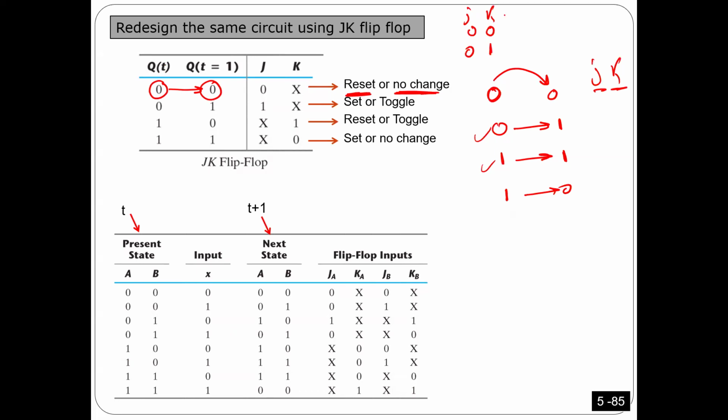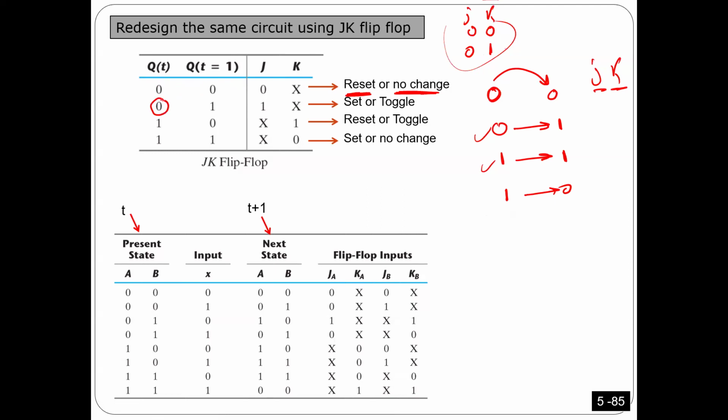So if JK equals any one of these two cases, this transition from 0 to 0 will happen. If I'm 0 and I want to go to 0, that means JK should be either no change or reset. That's why here has to be 0 and here has to be X. X means it doesn't matter, because if this one is 0, no change, and I will move from 0 to 0. But if this one is 1, I will make a reset, and then also I will move from 0 to 0. You can understand? Okay. This is number 1.